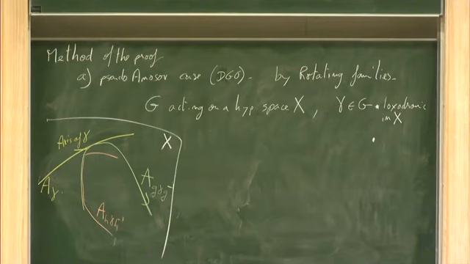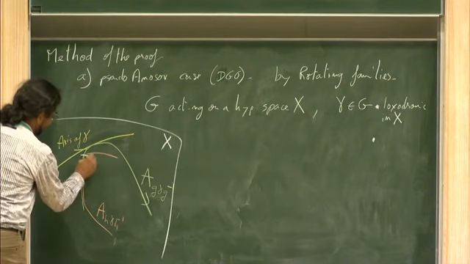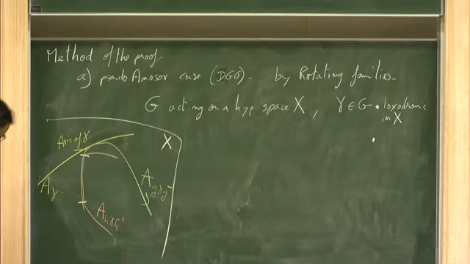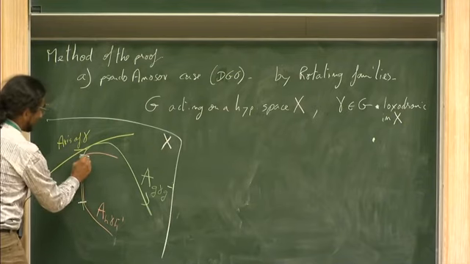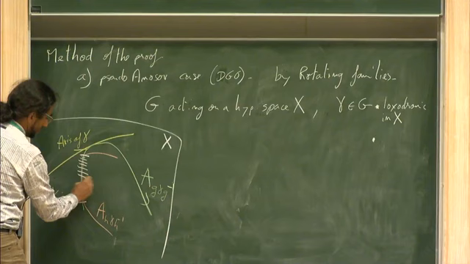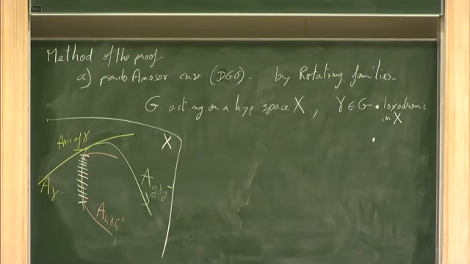The property I want is about the overlapping of the different axes of conjugates. I want that two different axes do not overlap by more than a certain uniform constant. I don't want to see more and more overlapping as I conjugate by more and more elements.